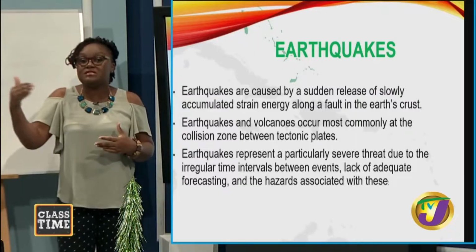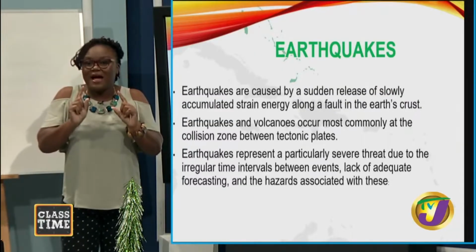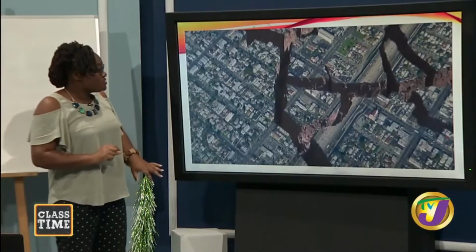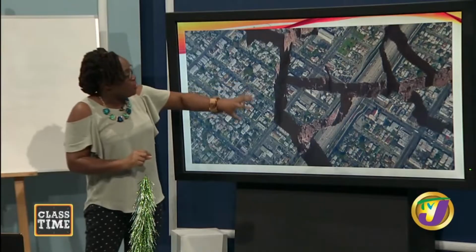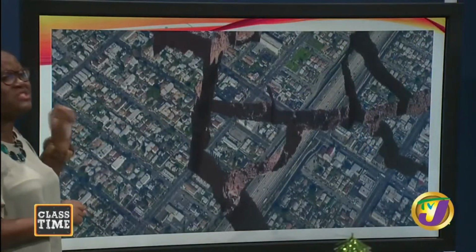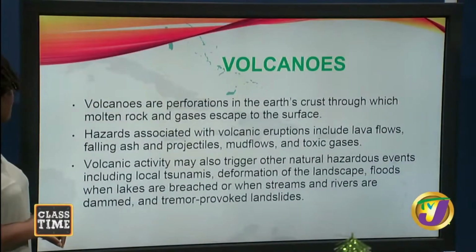So there are monitoring systems that are in place, but you really cannot time an earthquake down like that. All right, so here is a picture of how, when an earthquake occurs, there are cracks on the surface. All right, so this is what it looks like.